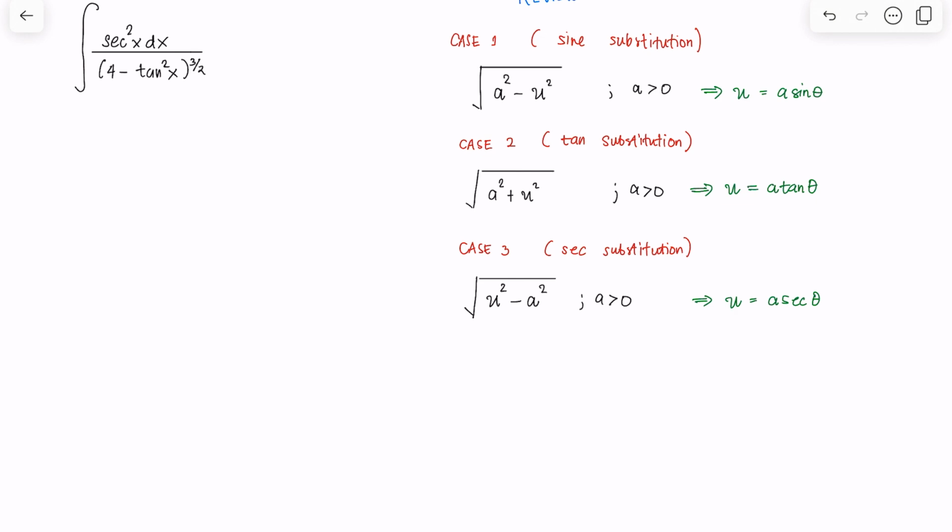Now, it's not very apparent, but I'm going to re-express this integral in another form. It becomes the integral of secant squared x dx, so nothing changes in the numerator.